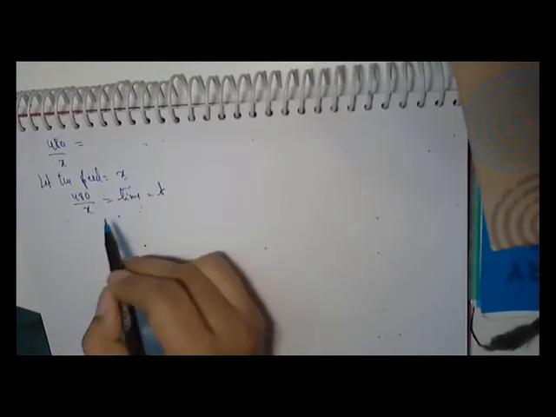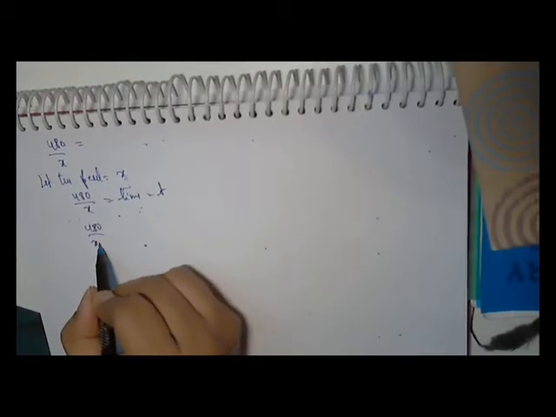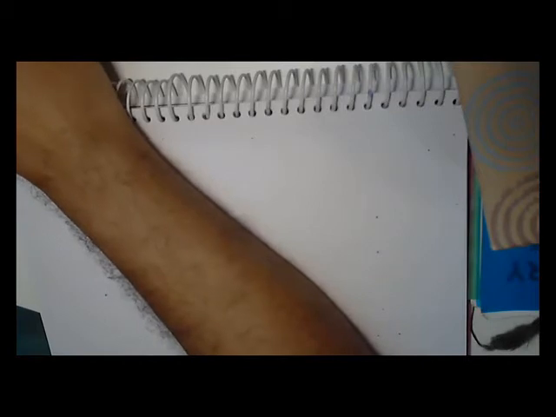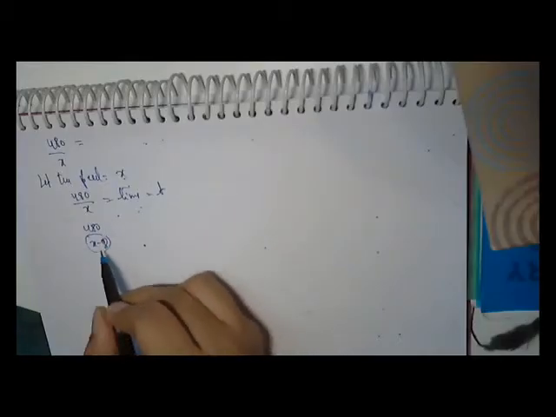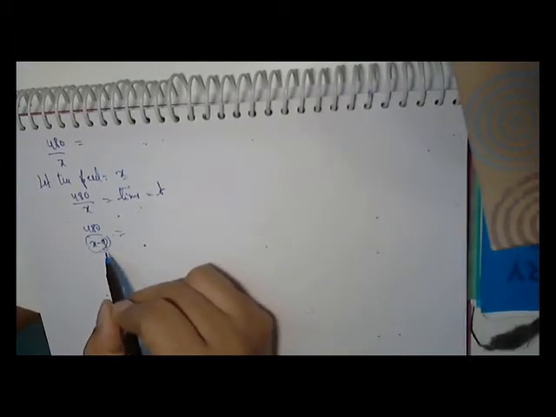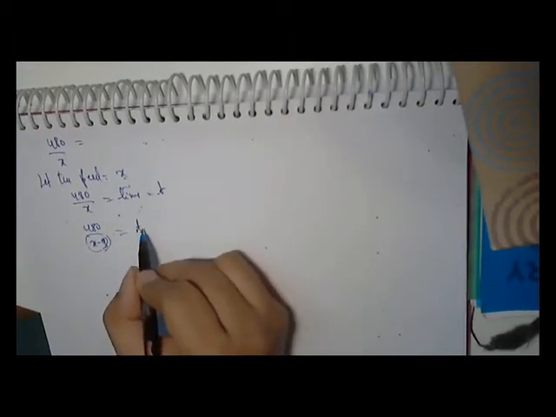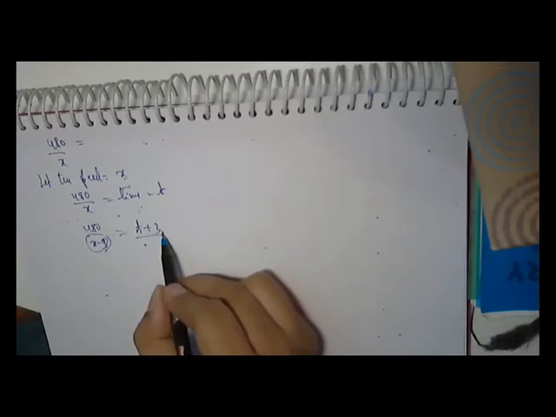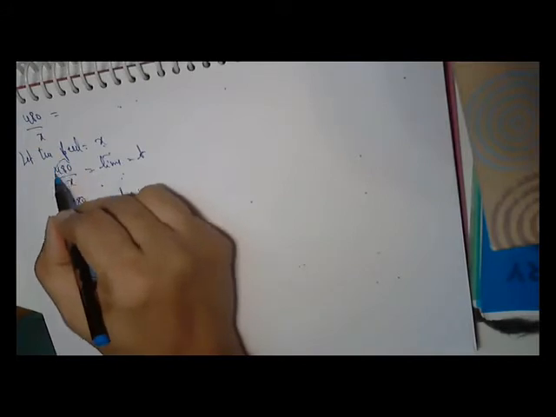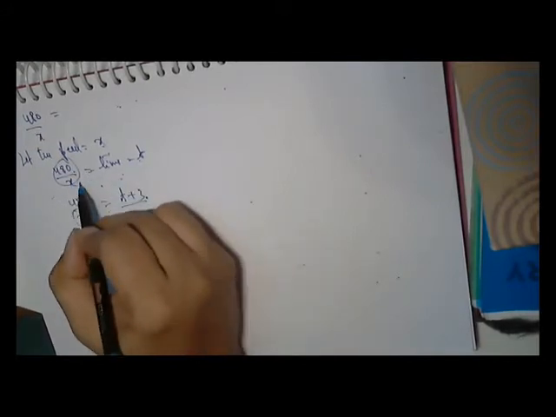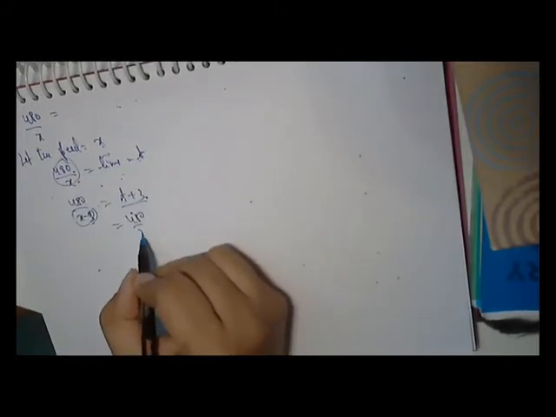In the second case, the speed is reduced by 8 kilometers per hour to x minus 8. If you walk slowly, you will take more time. So t plus 3 hours. It took 3 more hours. So in place of t, I am substituting, because t is 480 by x: 480 by x plus 3.